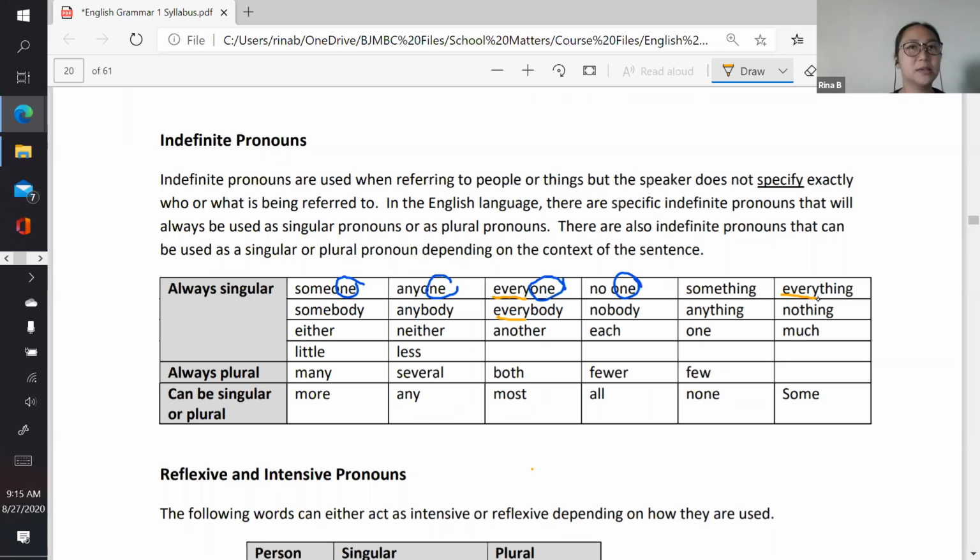Then we'll have a quick tag team type of game after a minute. Just absorb as much as you can from this table, keeping in mind which ones belong to always singular, always plural, or either. Okay? And I'm starting the timer.